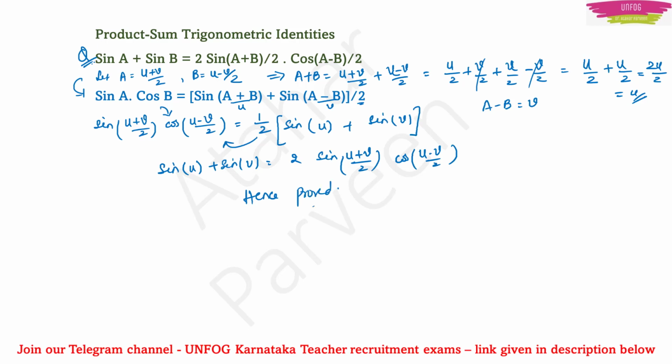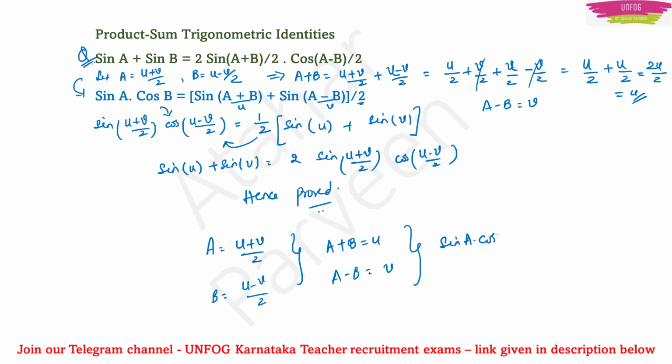So what you have done here: you have taken A is equal to (U plus V) by 2 and B is equal to (U minus V) by 2, and with this you got A plus B is equal to U and A minus B is equal to V, and you substituted all these in the formula sin A cos B is equal to half into (sin (A plus B) plus sin (A minus B)).